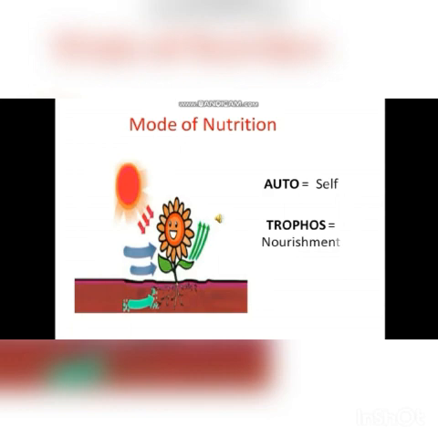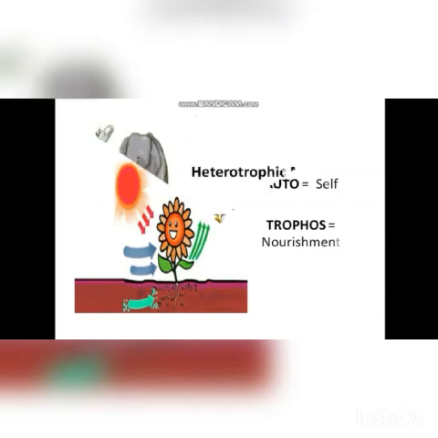If I try to break this term, auto means self and trophs means organisms who eat food. So autotrophs are those organisms who can prepare their own food.